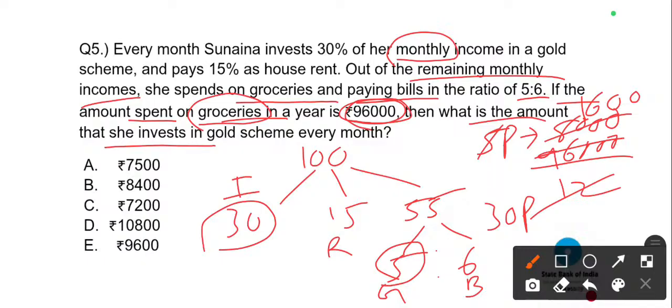Wait a second, what is the mistake I am making? 5 parts value is 8,000. 6 times 8 will be 48.